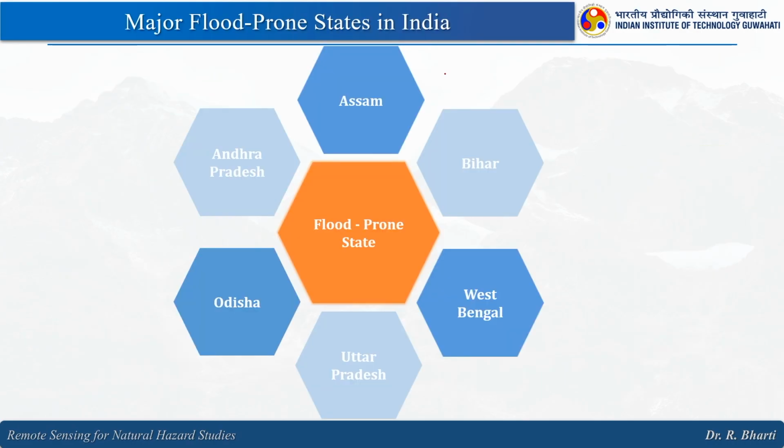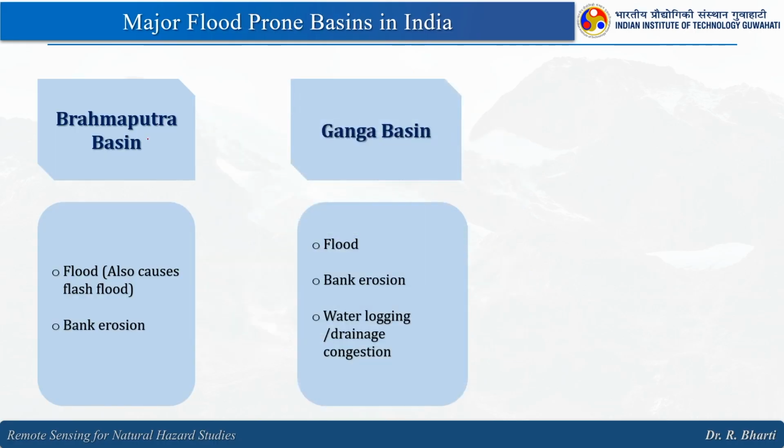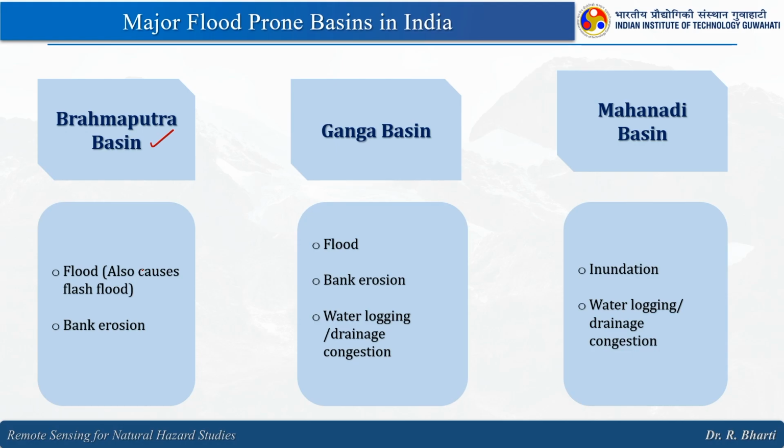In India we have major flood affected states. Starting from Bihar, then we have West Bengal, Uttar Pradesh, Odisha, Andhra Pradesh and then Assam. These are the major flood affected states, right. When we talk about the Brahmaputra basin, flood is the major problem, and here we have also seen flash flood conditions sometimes.